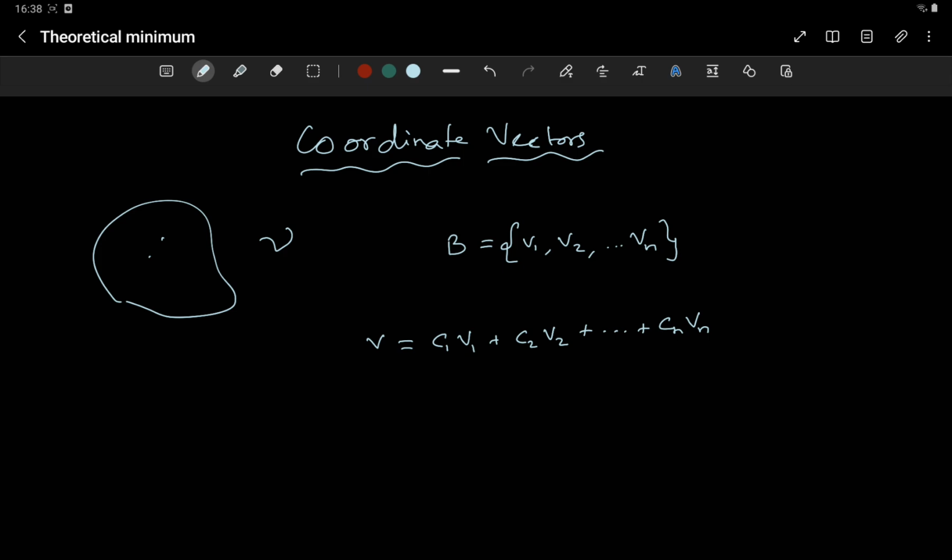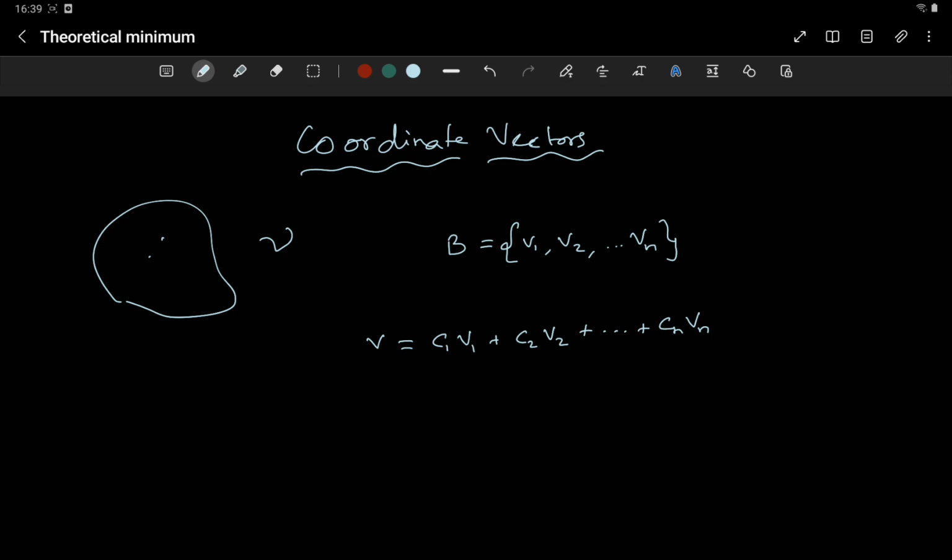Okay, now when I try to represent a vector through the basis vectors, maybe the representations will be different, maybe the linear combination will be different, but still we are talking about the same vector.